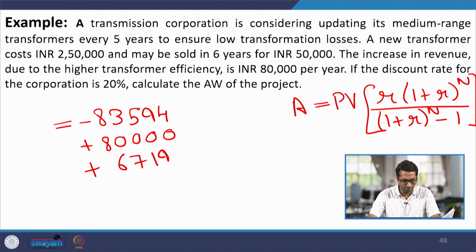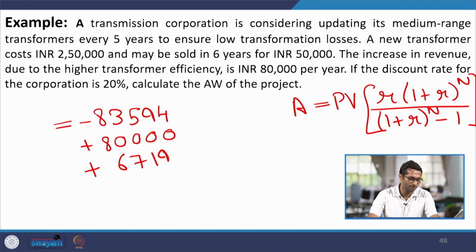So again, let me repeat. The first thing is I would want to divide 2.5 lakh rupees throughout the lifespan of 6 years, and this is what the value looks like. My yearly gain from this transformer updation would be 80,000 rupees, and again I make a gain by the selling of the scrap of the transformer at the end of 6 years, which is 50,000, and even that needs to be equally divided among the 6 years and discounted as per the discount rate, which is 20%.